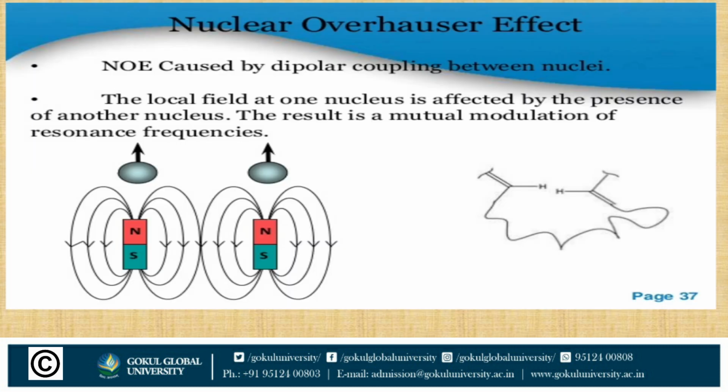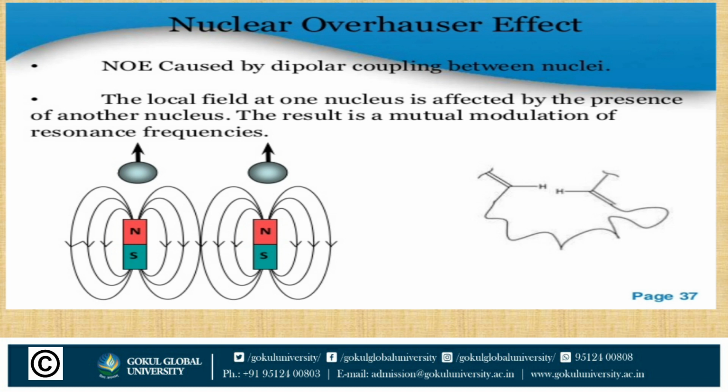So we saw how to explain the mechanism of this effect. The NOE is by dipolar coupling between nuclei. We know about nuclei and dipolar. Dipolar refers to the polarity of the coupling. We know the J coupling, vicinal, geminal, and long range. This is the dipolar coupling between nuclei.